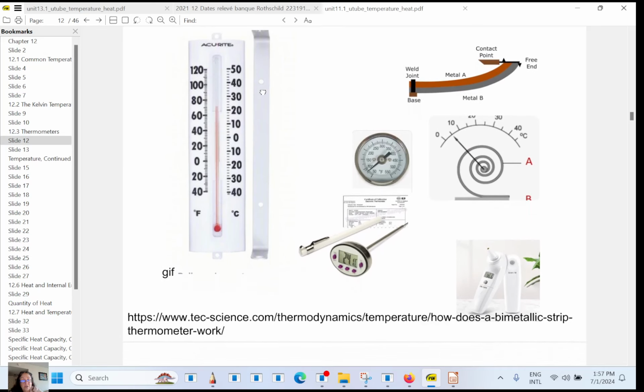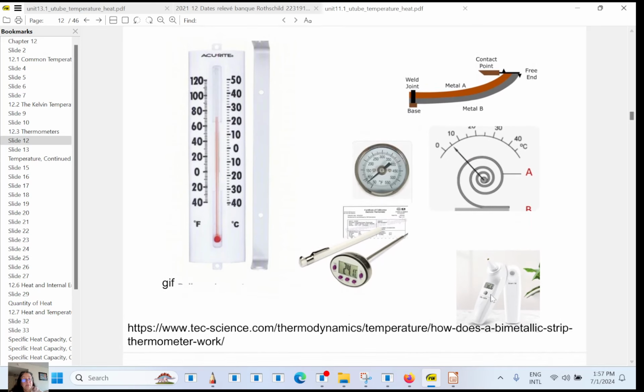Here are some more examples. The thermometer that we use to find out if we are running a fever or not, we put in the ear.